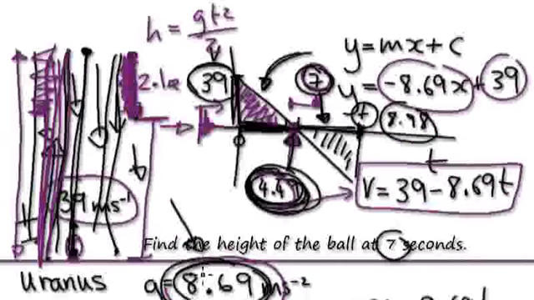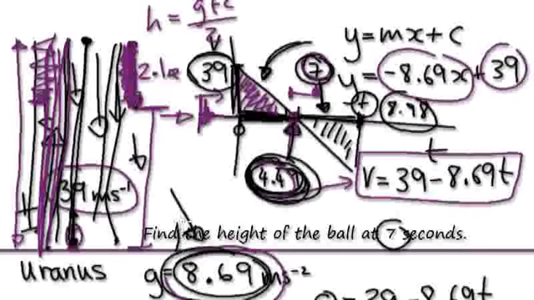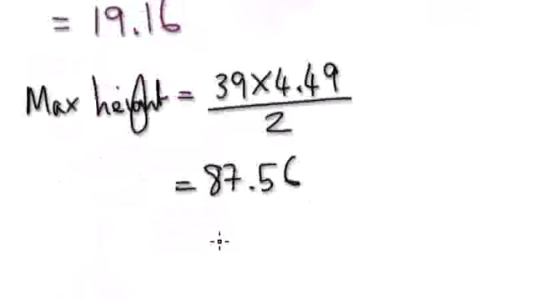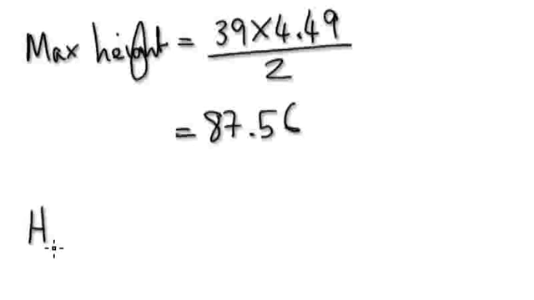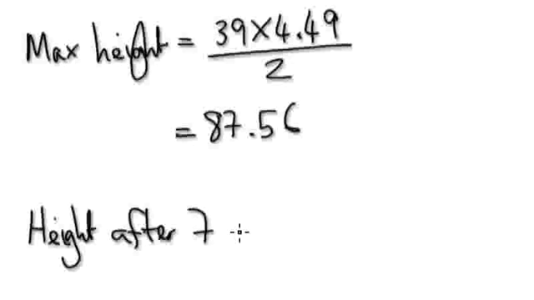So remember, the distance to get to maximum height, take away the distance covered by the free fall, will give us the height. Okay, so height after 7 seconds equals what?